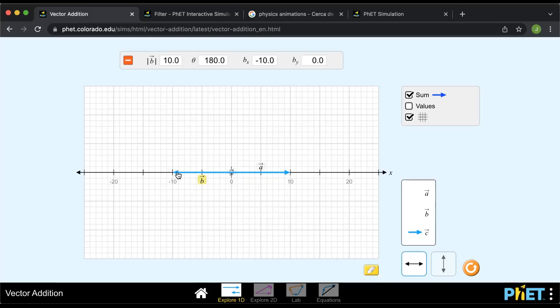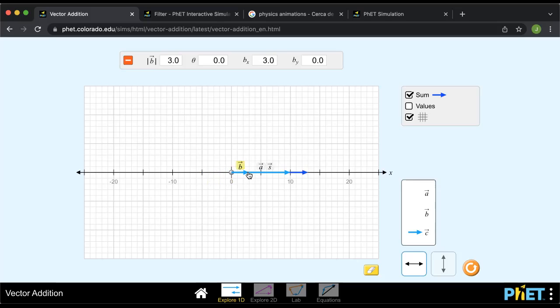If I make it a little smaller still, my resultant vector will appear on the right axis. Of course, because A minus B, A is greater than B in magnitude, so the resultant will be in the right direction.